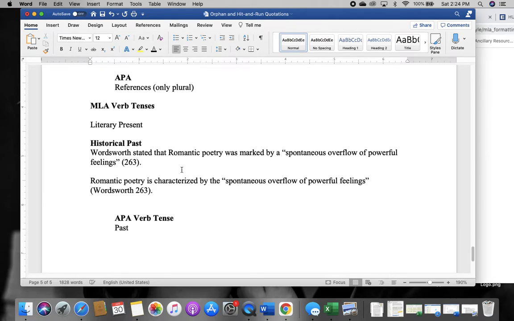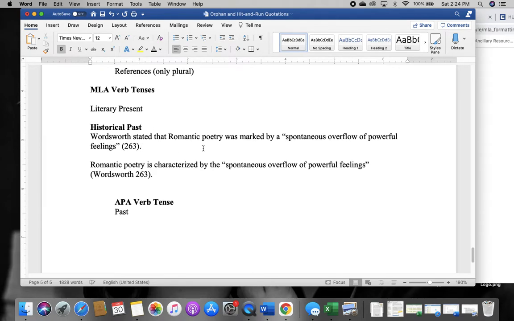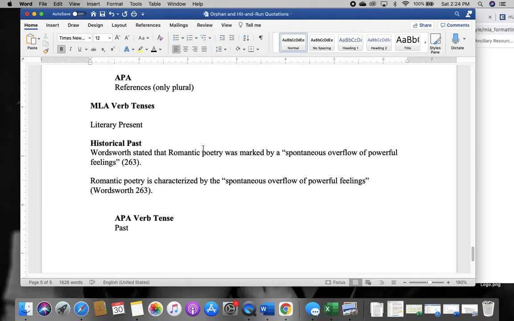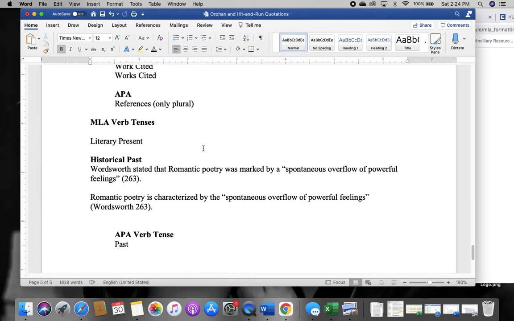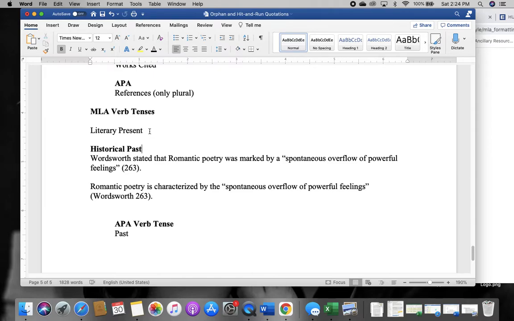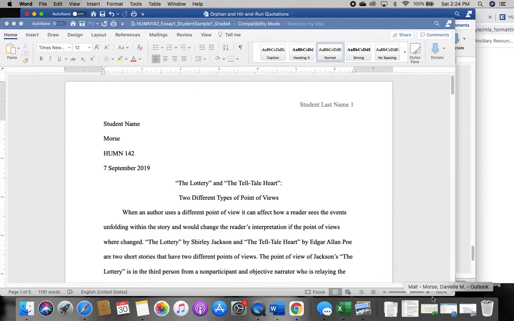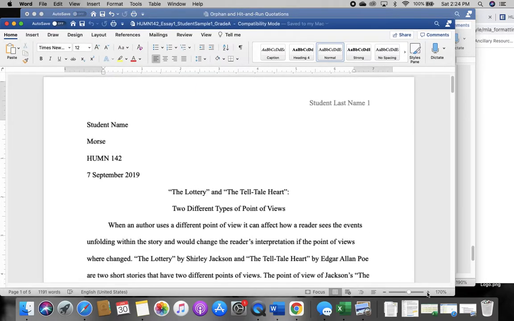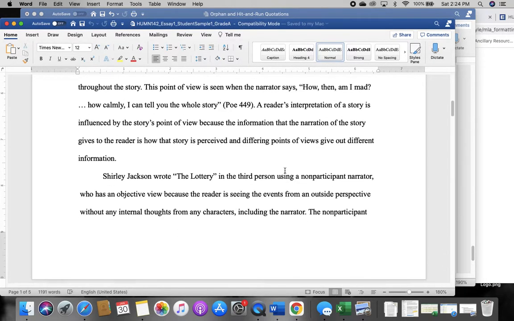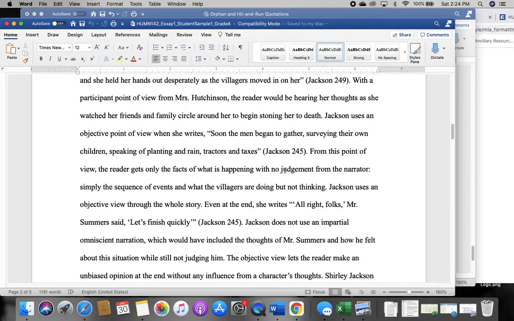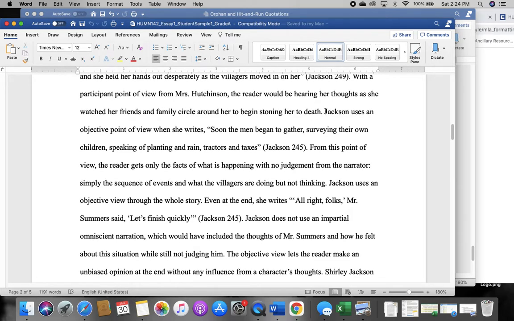This also gives me another place to talk about signposts and in-text citations. So literary present, and I'll actually pull from one of these student examples that I provided. And I can easily just grab, here's a quotation.